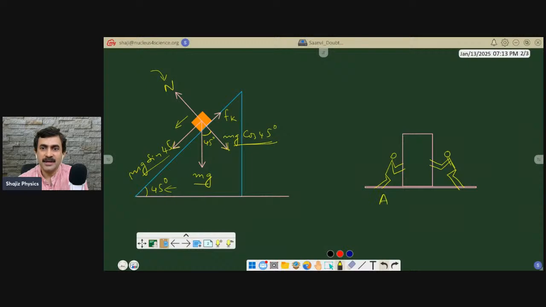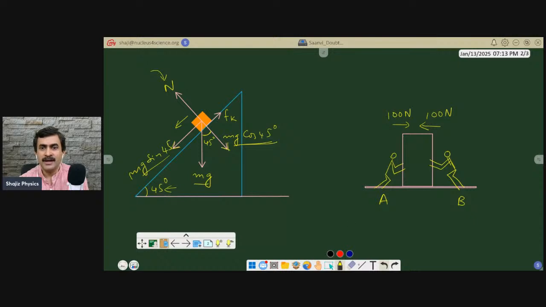Let this person be A and this person be B. Now, A is pushing the box with a force of 100 Newton along this direction, and B is pushing the box with the same 100 Newton in the opposite direction. Think about that particular situation. What will be the effect on the box? Both the forces cancel each other because both are acting opposite to each other.